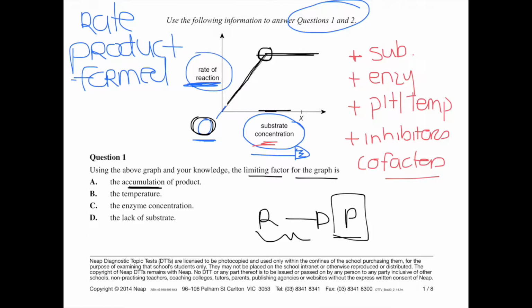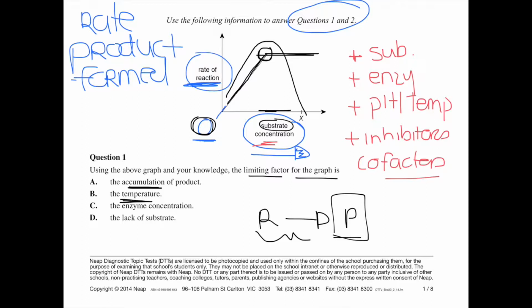The temperature. If the temperature was increasing, the rate of reaction would increase to a certain rate, and then the enzyme would be exposed to its critical temperature, and then the rate of reaction would come down to 0. So if the temperature was being increased, we would see some sort of graph that was occurring like this.